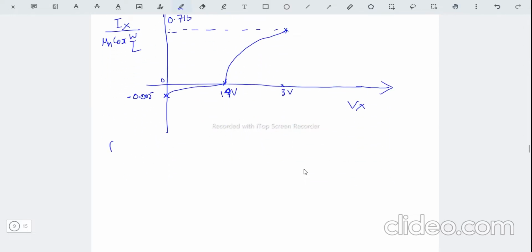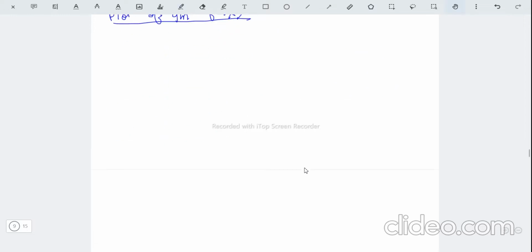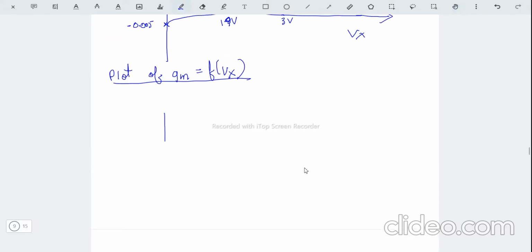Next we shall plot transconductance as a function of Vx. In y-axis I will be plotting normalized value of Gm. In x-axis I will be plotting Vx.